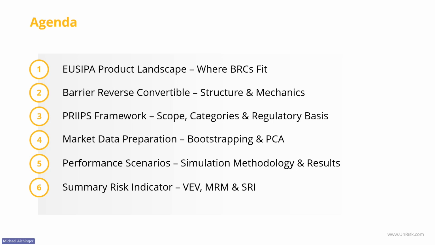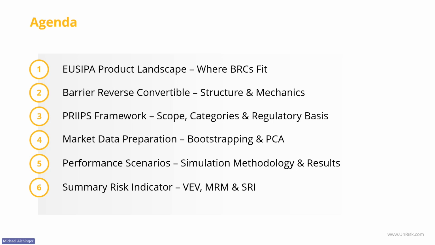We will briefly discuss the PRIIP framework, its scope, the categories and the regulatory basis behind the calculation. We will talk about the market data preparation, the bootstrapping of the risk factors and the necessary principal component analysis if non-scalar risk factors are in play.